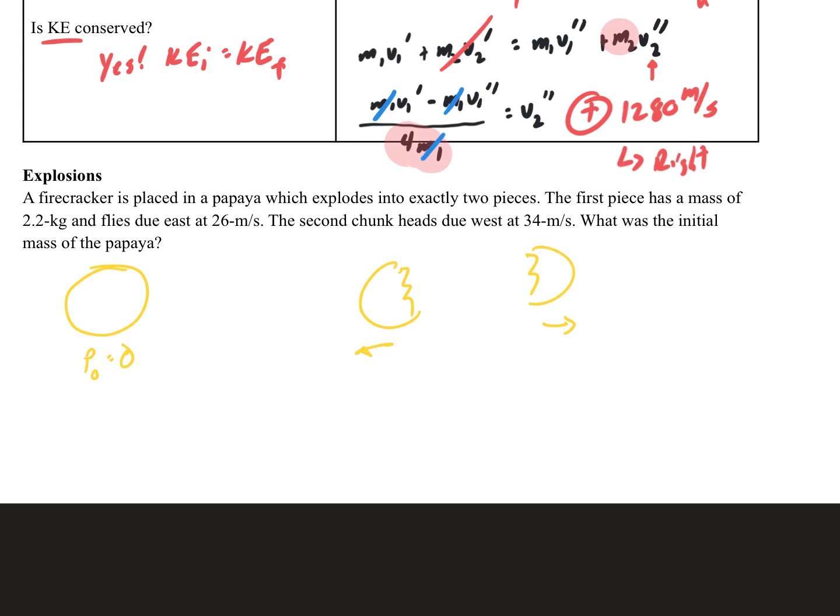I don't know the mass of that first chunk, but I do know its velocity. I end up knowing the mass of the second chunk, and I know its velocity.